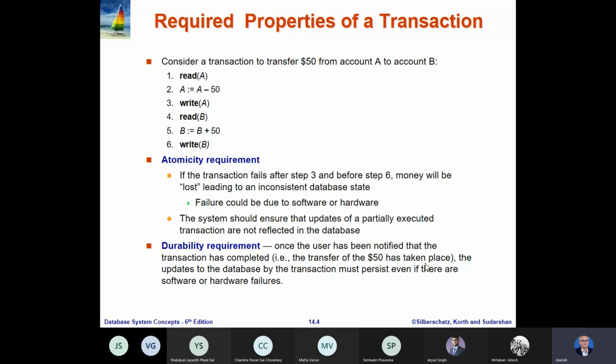The other is durability: once the user has been notified that the transaction has completed.